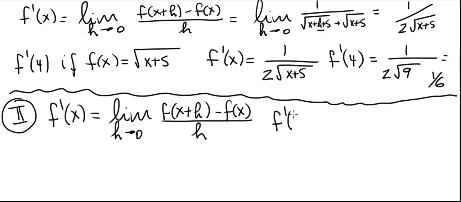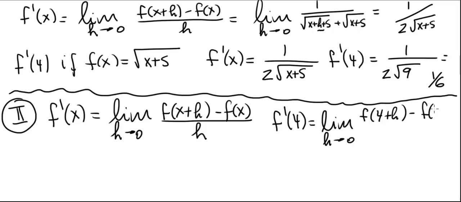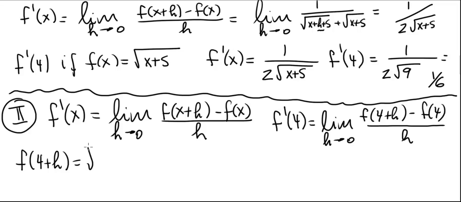So f prime of 4 is equal to the limit as h approaches 0 of f of 4 plus h minus f of 4 divided by h. So let's find f of 4 plus h. That's the square root of 4 plus h plus 5, which is the square root of 9 plus h.